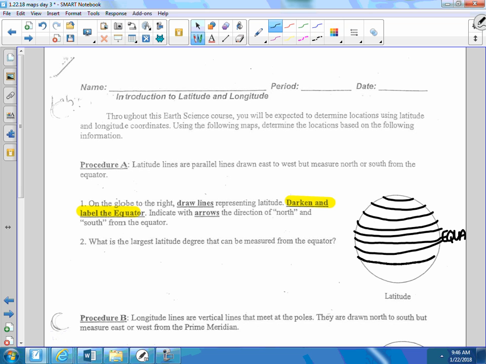And around the Earth. You have to make a few, just to show that they're equivalent. They're going to go all the way up to the North Pole and all the way down to the South Pole. And they're going to represent every single place on the Earth. We are not going to draw them all because we're going to be here for 5,000 years. So we just draw a few to represent them.